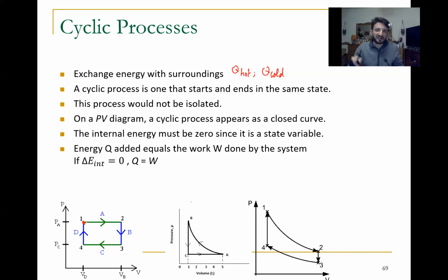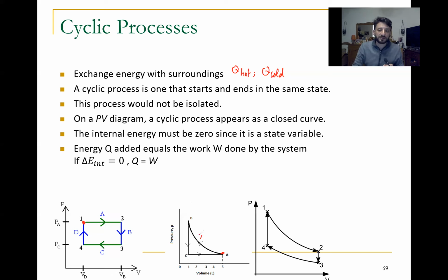This is a cycle. Here we have P constant, V constant, P constant, V constant. Also, for example, we can have A to B, B to C, C to A. We come back to the same point.